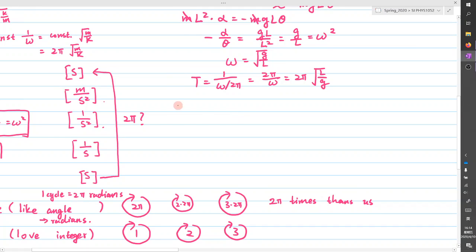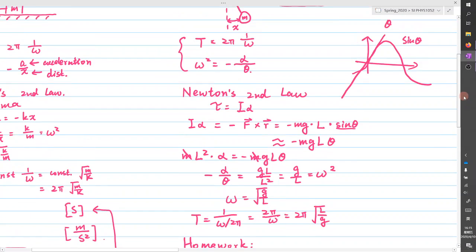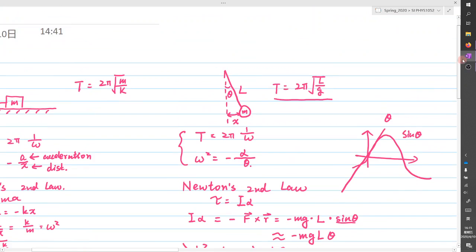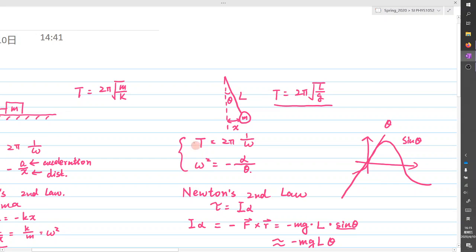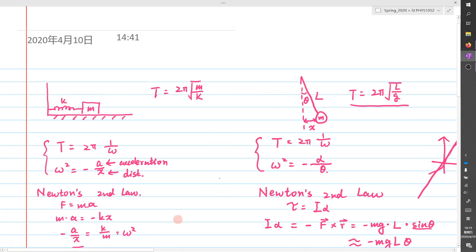So it turns out this is an interesting case. I'm going to write homework here. For a pendulum, we can describe it using the angular system listed here, or they also have a distance for us, and so we can also use the linear system to figure the same equation out.